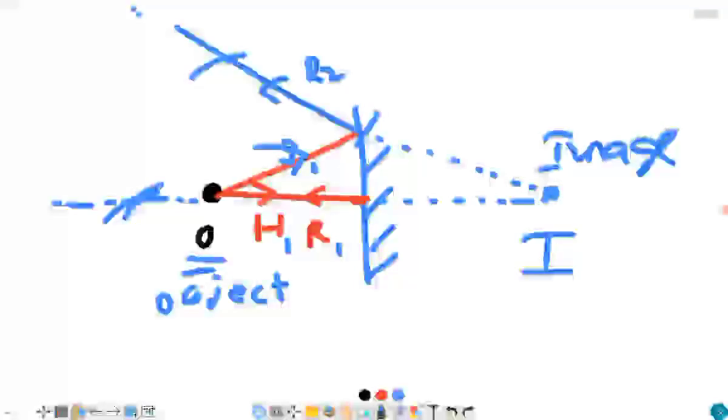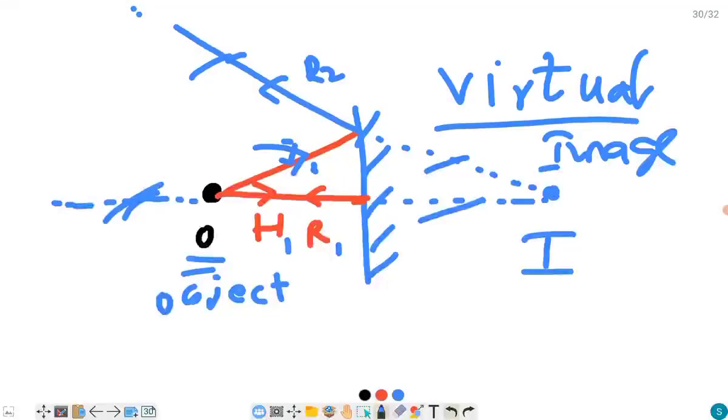Now this image is formed due to the extension of reflected rays. That's why this image is called a virtual image. Really they don't meet. That's why we have extended behind the mirror and we are calling it a virtual image.